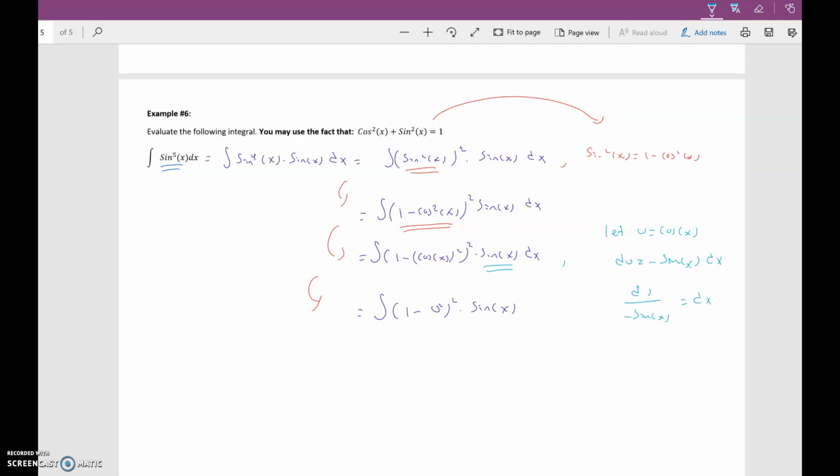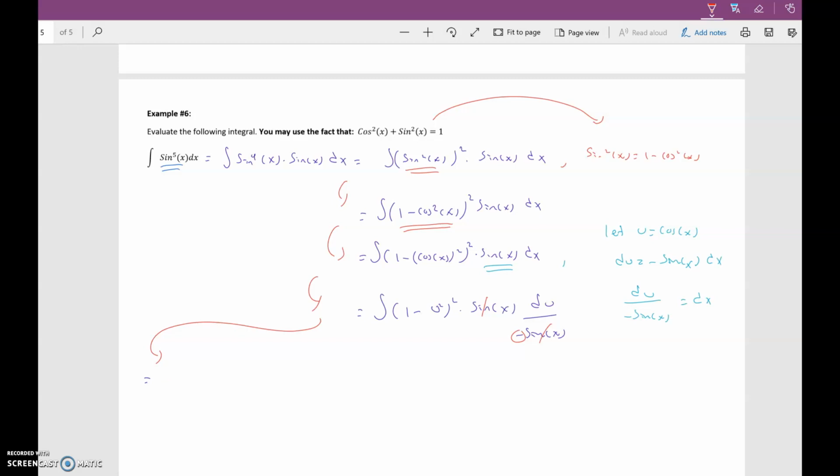So let me rewrite that portion. We're looking at du over the negative sine of x, and what we want is for this portion to cancel. Let me rewrite the entire integral here. And notice that we have a negative, so I'm just going to put it on the outside.